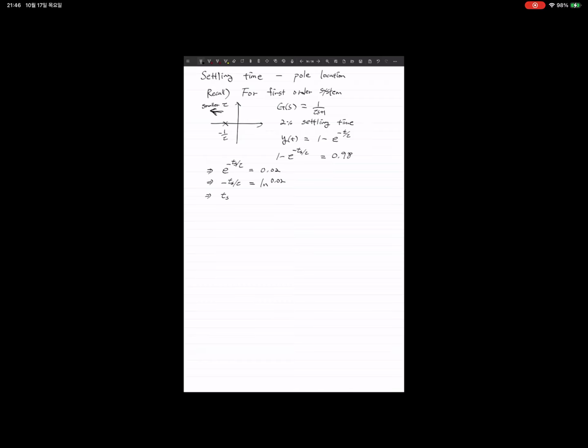The settling time over tau is minus log 0.02, and this is log 1 over 0.02, which is near 4. As a result, 2% settling time of this first order system can be defined by 4 times tau.